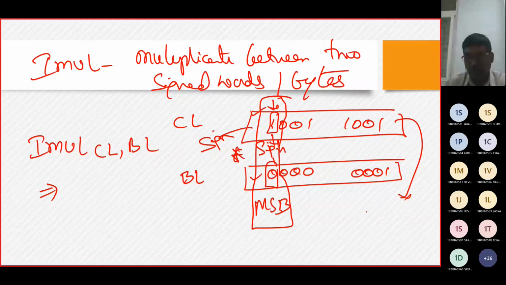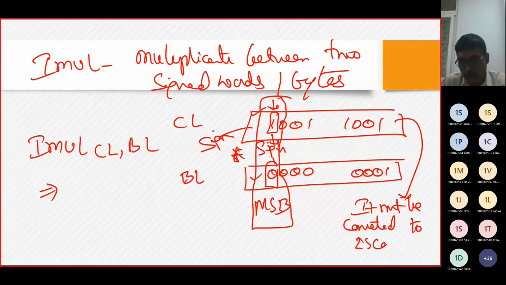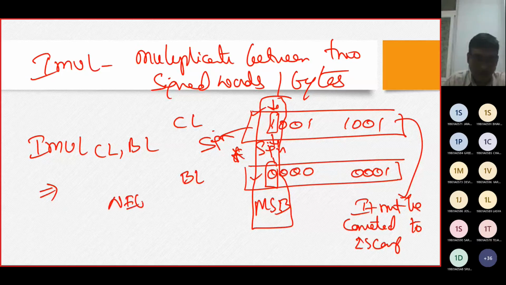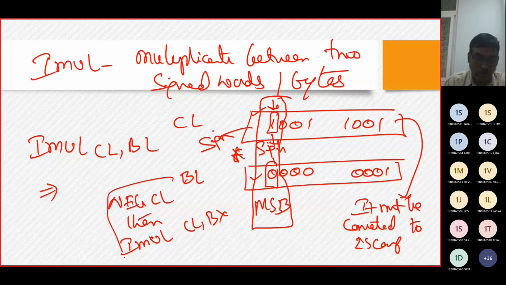When it is a negative number, it must be converted to 2's complement. So obviously I will say negate of CL, and after that I am going to make the signed multiplication with CL comma BL. So this is how we work with signed multiplication numbers.